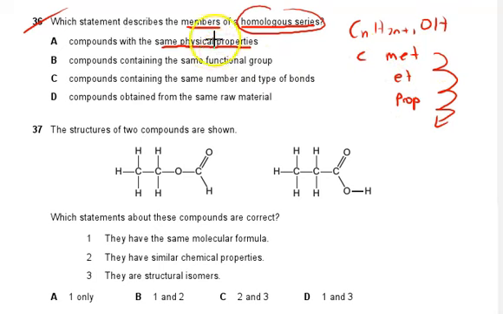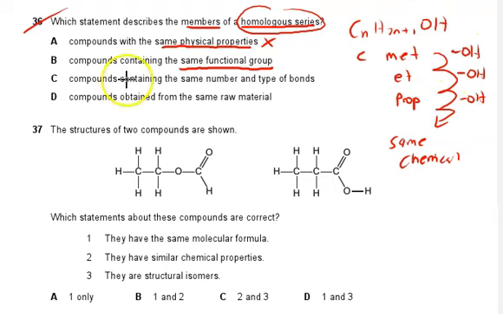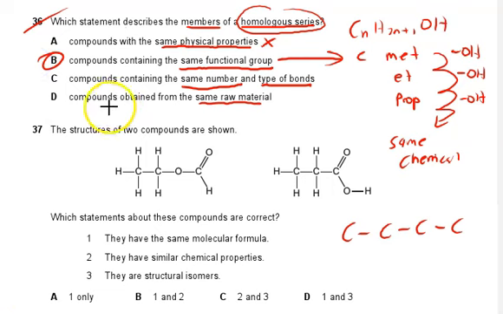So they don't have the same physical properties, but they have the same chemical properties. This is the important thing. I want you to understand this. Same functional group, yes, all of them will have OH for alcohol. The compound contains the same number and type of bonding is wrong, because when the carbon is increasing, your bonding increases as well. Compounds obtained from the same raw material, it depends actually. So your best answer here will be same functional group. So your answer here will be B.